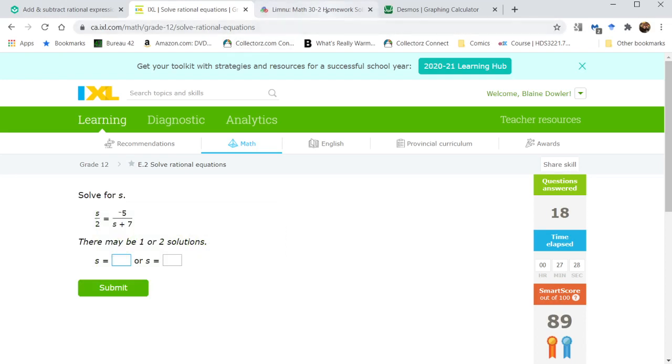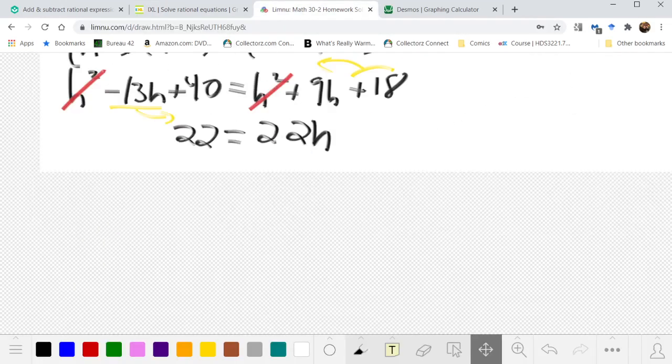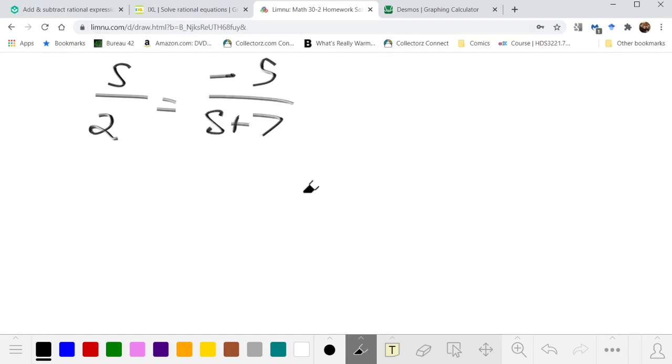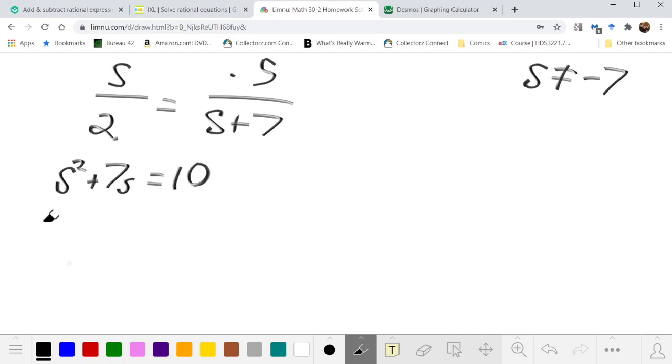Next up, s over 2 equals negative 5 over s plus 7. So s here is not allowed to be negative 7. Multiply these out, we get s squared plus 7s equals 10. s squared plus 7s minus 10 equals 0.